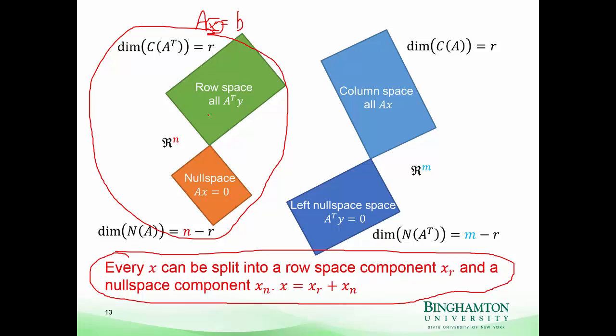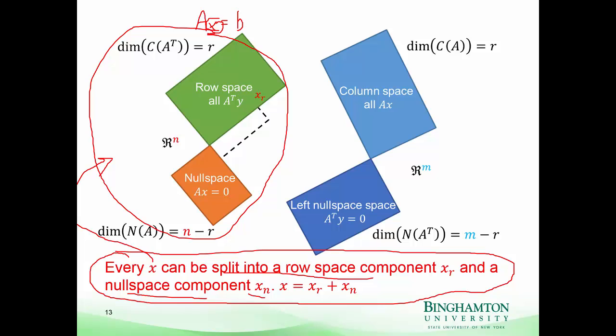We've established that already. And that's why any x in this space can be split into a row space component, xr, something that lives in the row space, and a null space component, xn, something that lives in the null space. So let's see how that works.